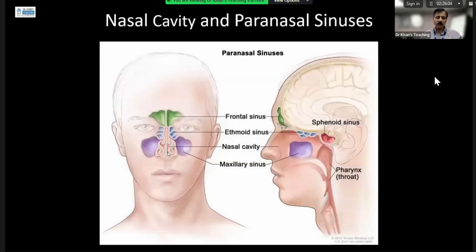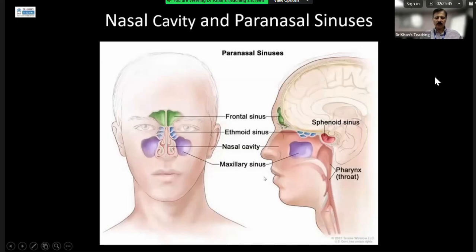Please remember the physiology. Normal physiology is that the sinuses produce mucociliary secretions, and there is a drainage pathway. And all of these sinuses have a drainage into the nasal cavity.